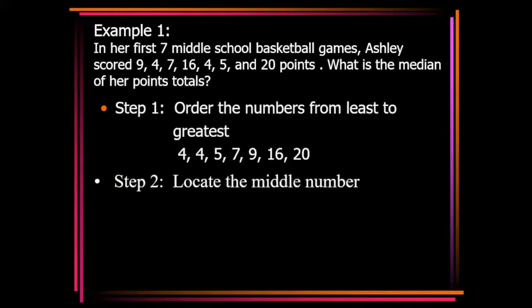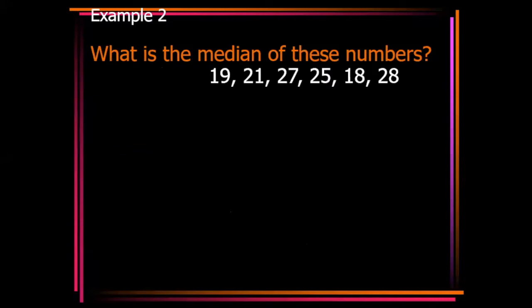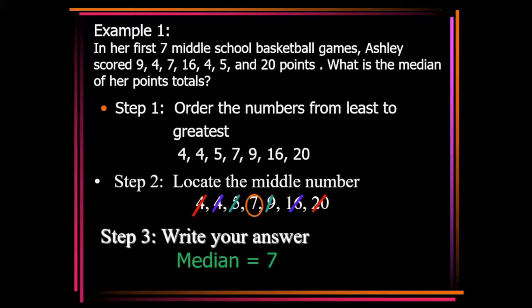Our second step tells us to locate the middle number. So we're going to take off a number from the right and the left until we can locate a middle number. Good job, Elizabeth. So our last step is to write your answer. Our answer for the first example, good job everyone who said 7.